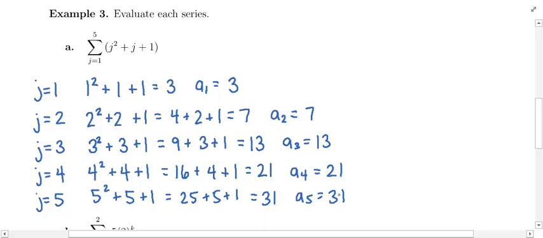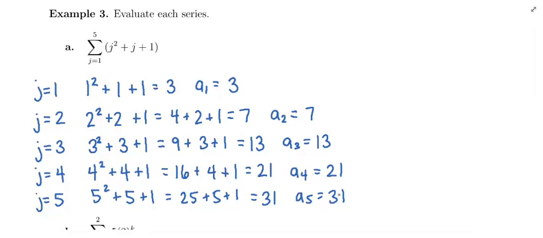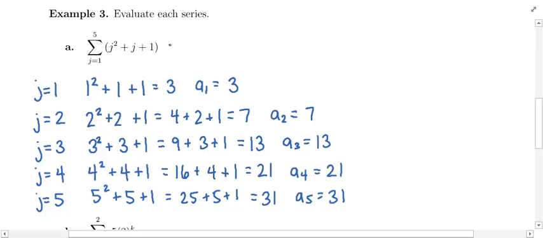Now that we have all 5 terms, we have to add them up to get what the series converges to. So we need the answer to this, so we have to add everything up. This is going to be a1 plus a2 plus a3 plus a4 plus a5.